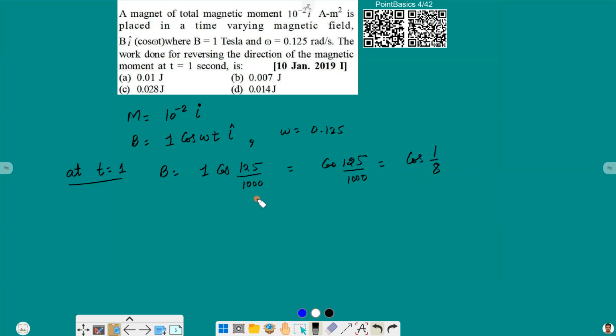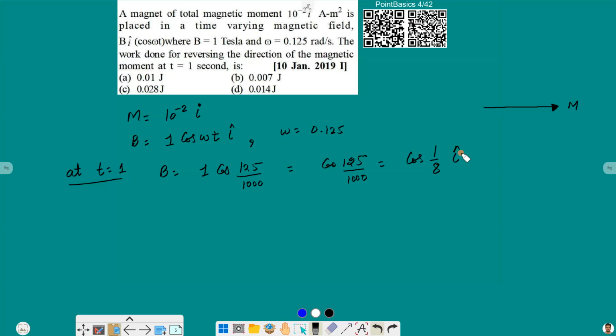Now, if we have to reverse its direction, suppose at t is equal to 1, our m is this. This is the value of m, and here the magnetic field is also pointing in the direction of i, or in the x direction.